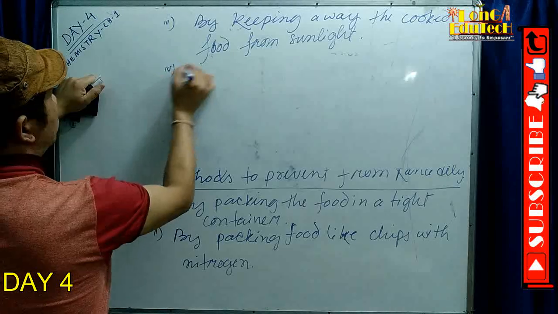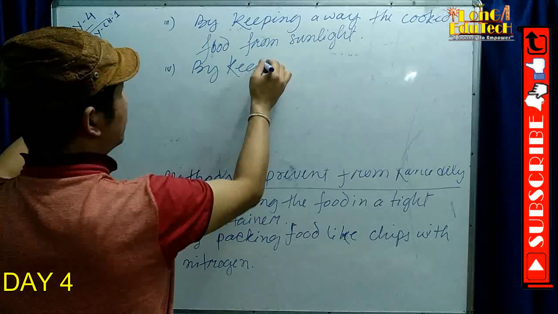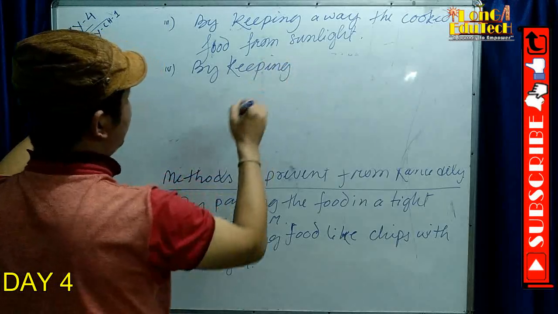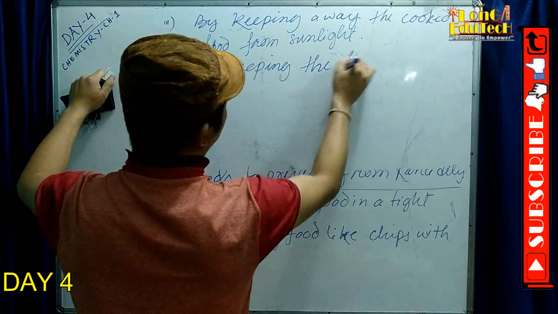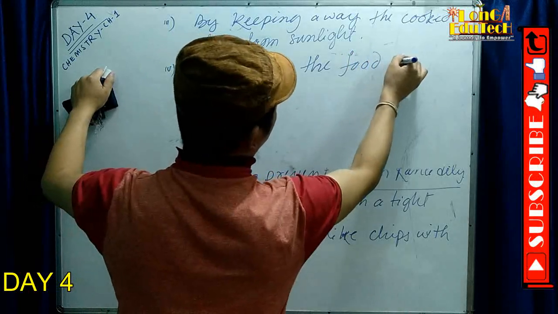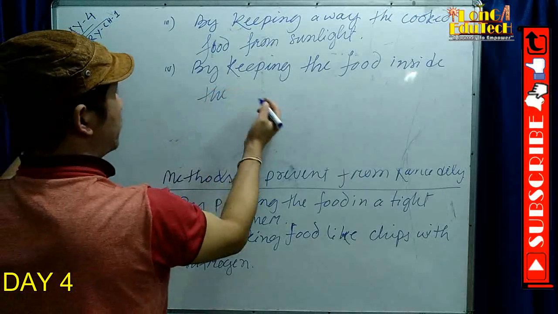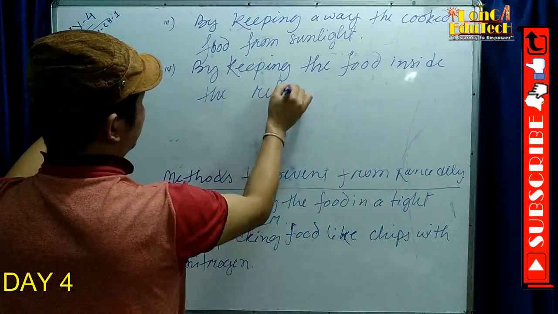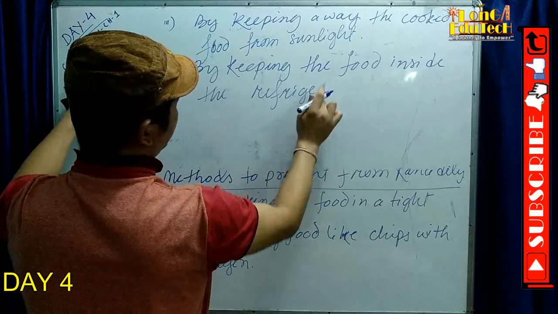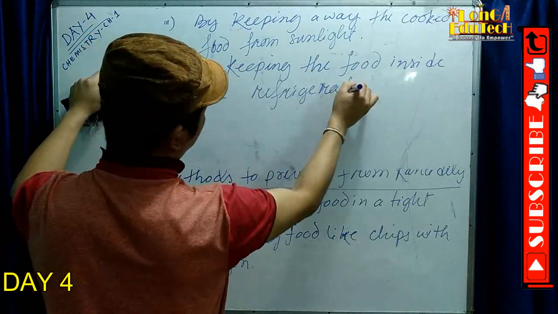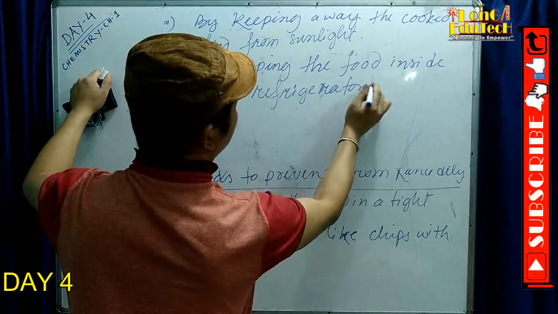And number 4, this is the general practice that we do at home, every home we can say: by keeping the food inside the fridge or refrigerator, right? Refrigerator, or fridge, we can say very simply.